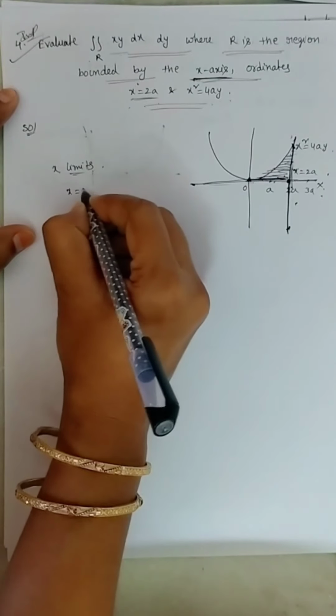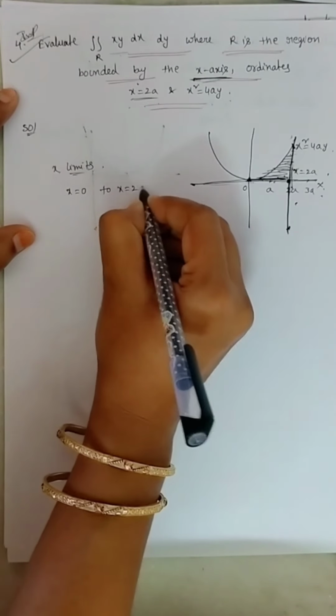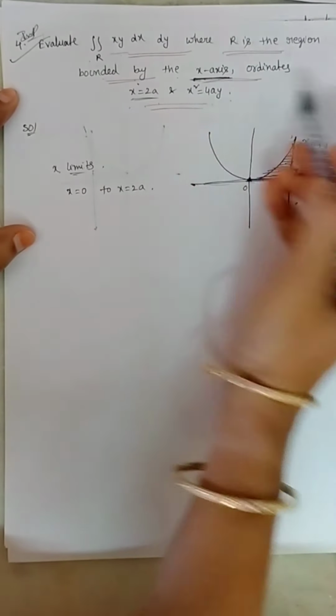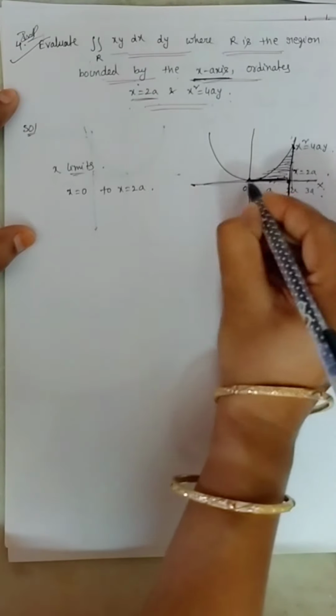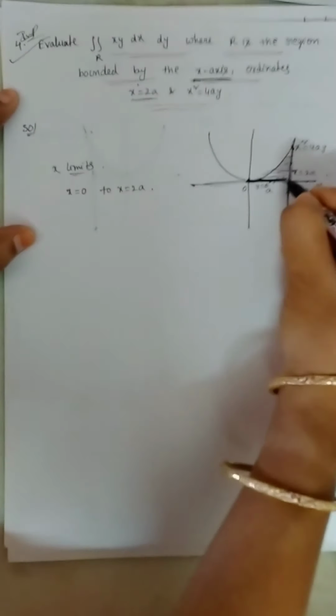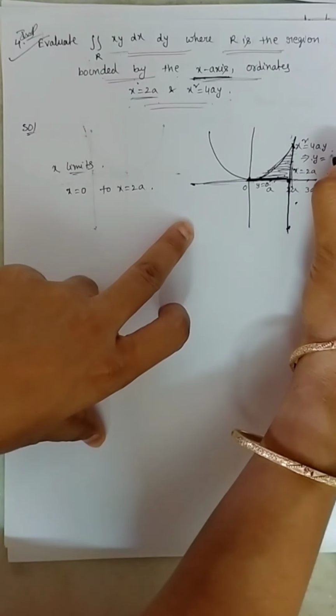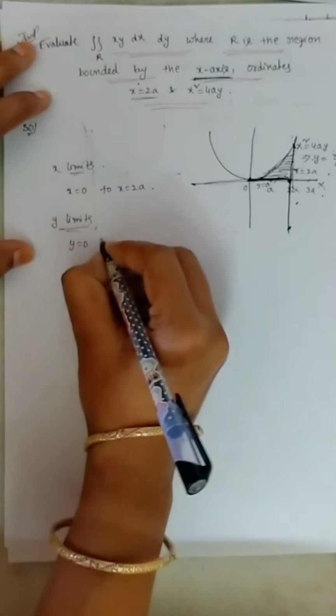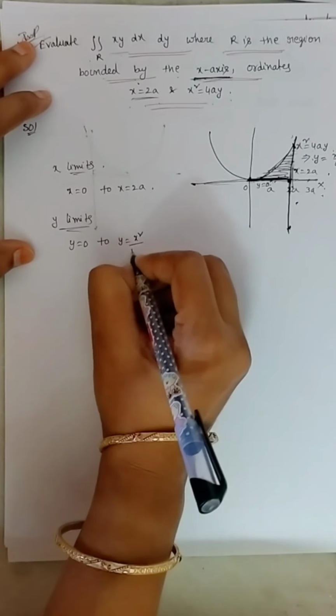So the limits are x equals 0 to x equals 2a. The region is bounded by the x-axis, which means y equals 0, and the curve is x square equals 4ay, from which we can find y equals x square by 4a. I repeat, the y limits are y equals 0 to y equals x square by 4a.